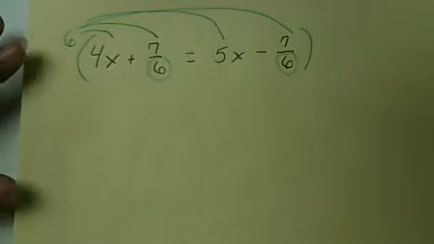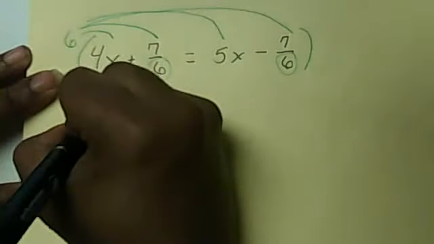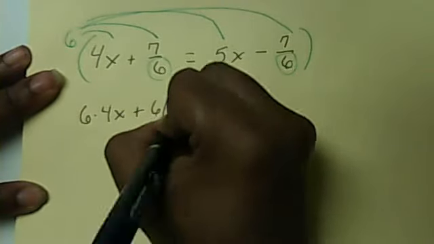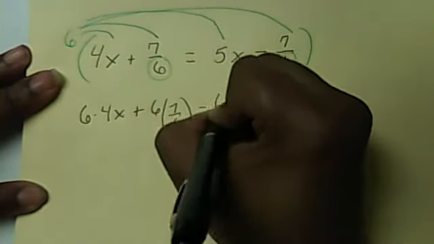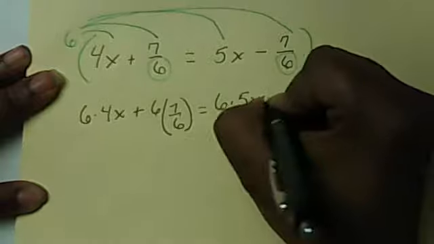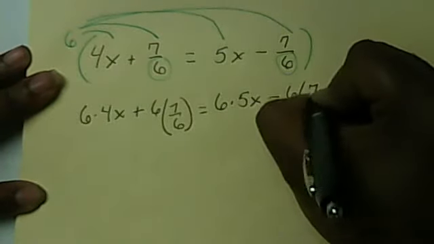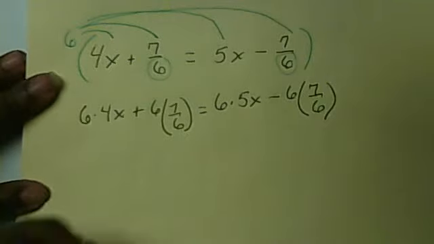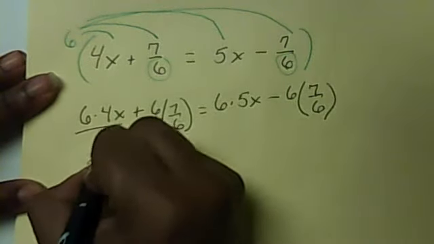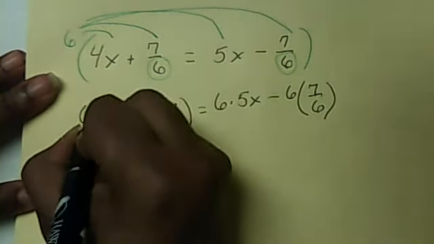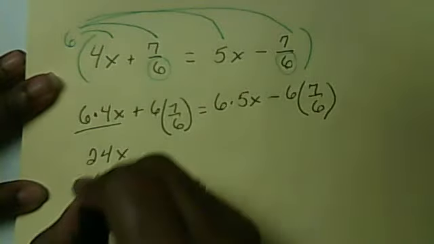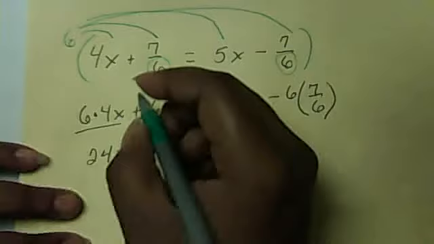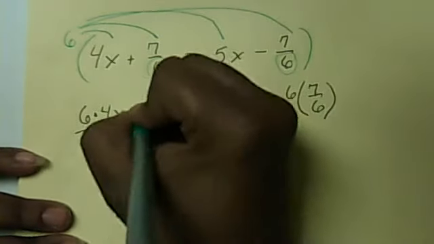If you want to take a look and see what it looks like: 6 times 4x plus 6 times 7 over 6 is equal to 6 times 5x minus 6 times 7 over 6. So 6 times everything. This gives us 24x, plus, as before, this 6 and this 6 become 1.